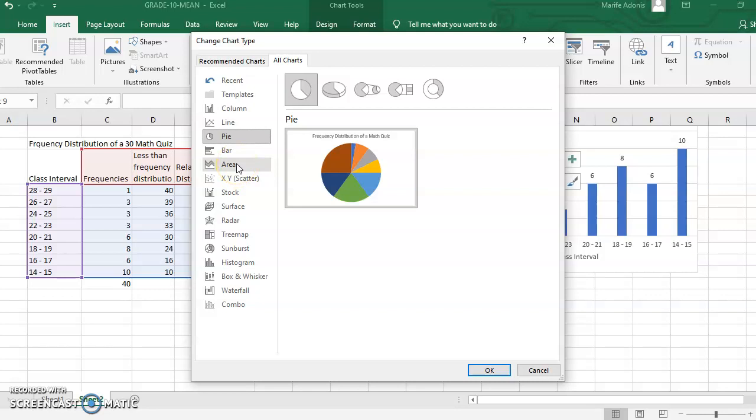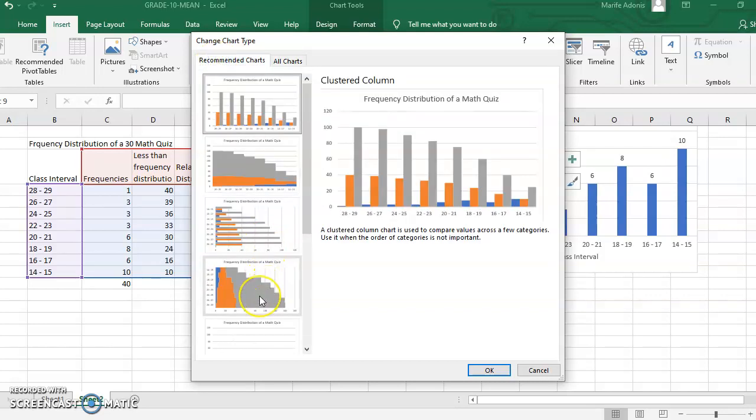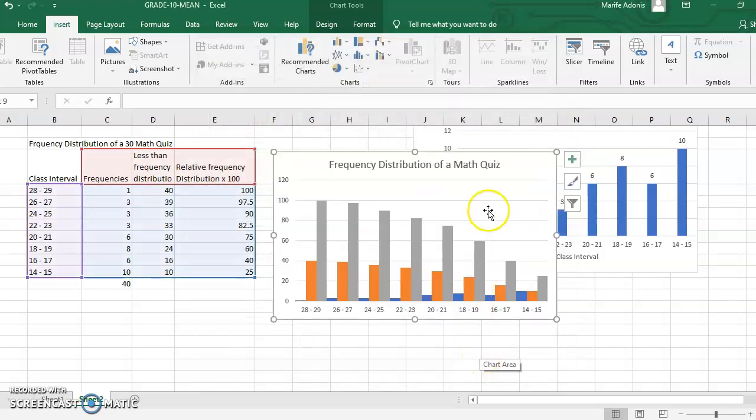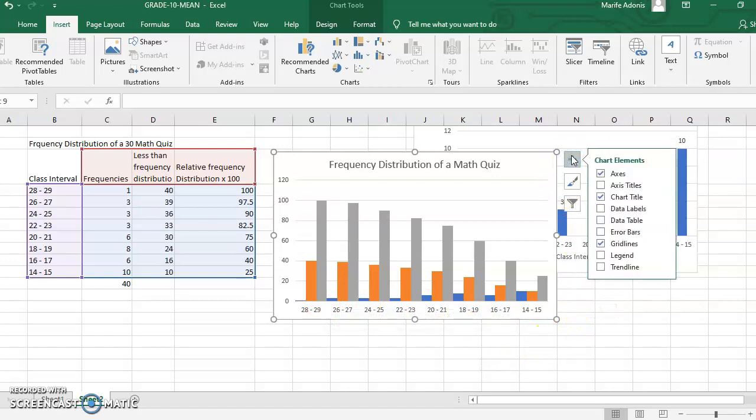Okay, so, bar, line, column. Okay. So, we can use this one also. So, makita nyo to. Yan. This is a clustered column. Yan, may kulay. Yan. Okay. Gets nyo na.